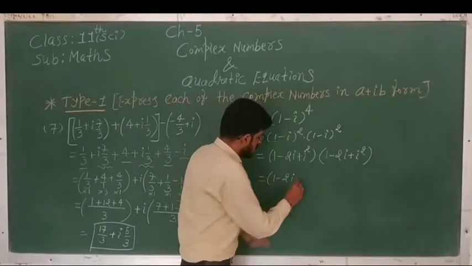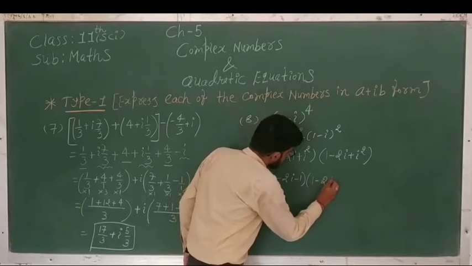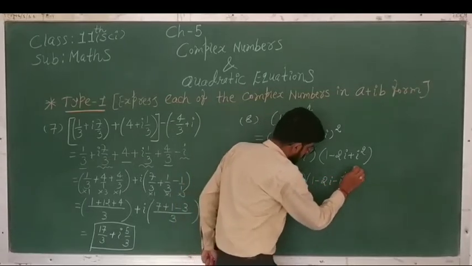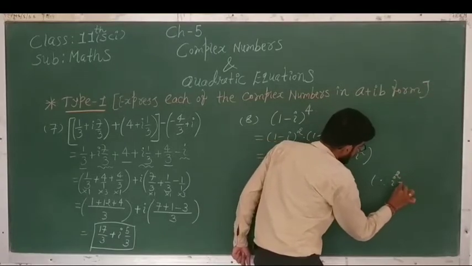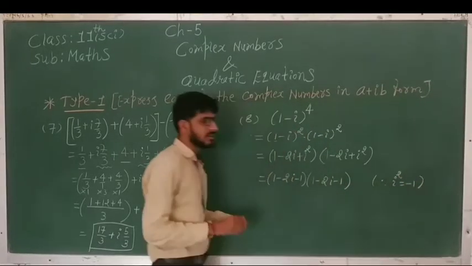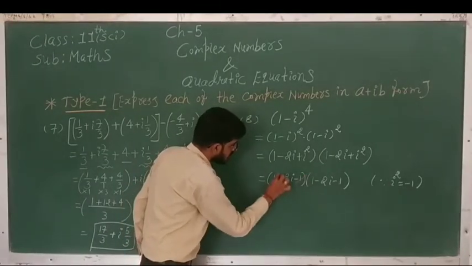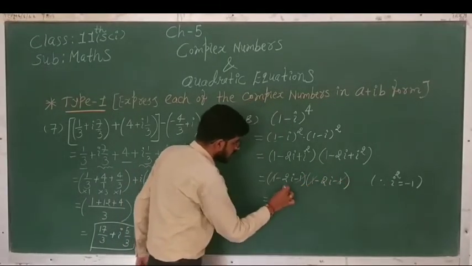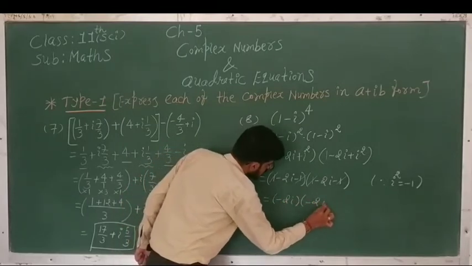So the value of i square is minus 1. In bracket, 1 minus 2i minus 1, because i square is equal to minus 1; 1 and minus 1 cancel out. Same thing here: plus 1 minus 1 cancel out. So it gives minus 2i, and same thing, minus 2i.